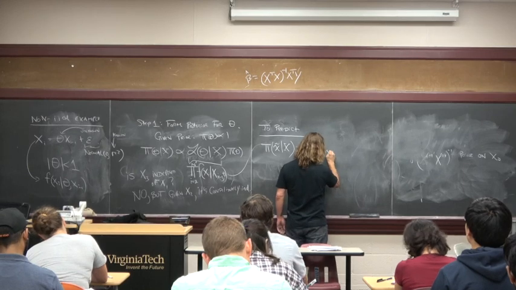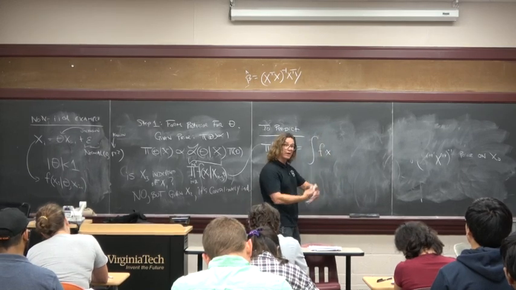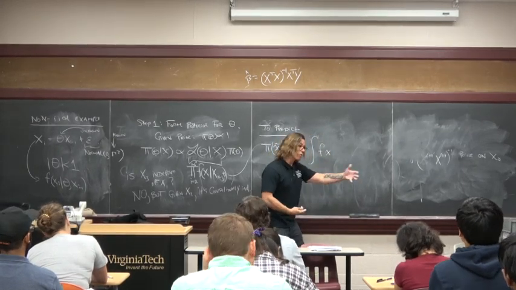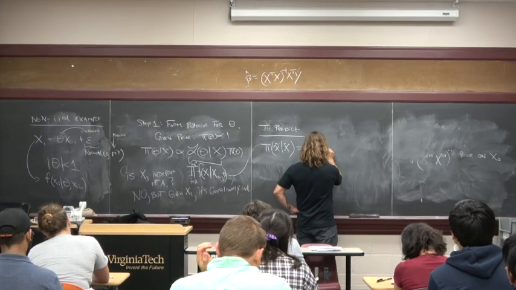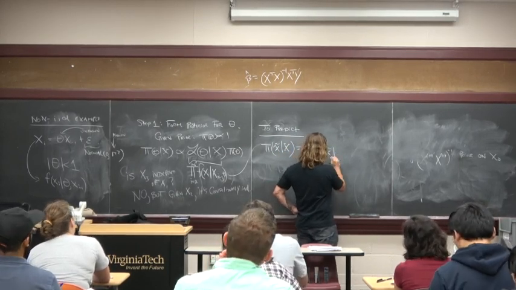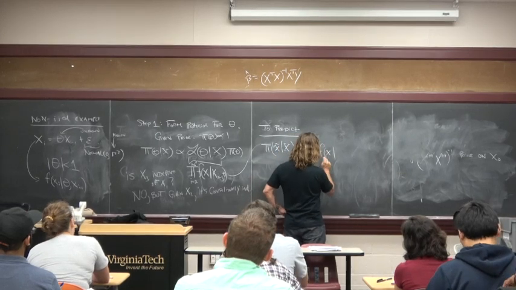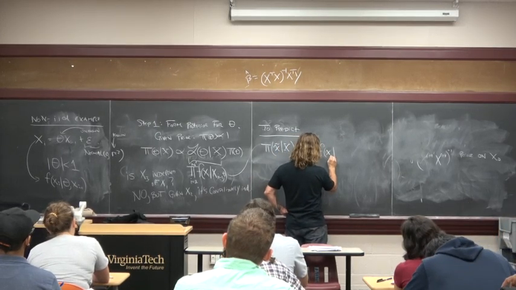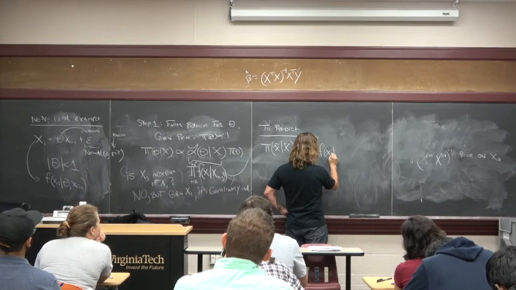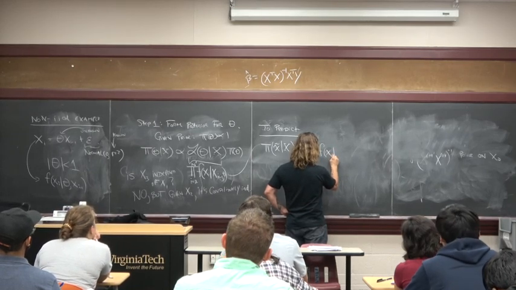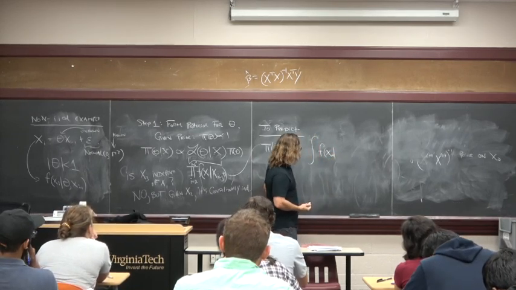So f of x, I know what the last thing was. I'm going to try to forecast in the future, given whatever the last data point was. I'll call this x n plus 1. That's the future.